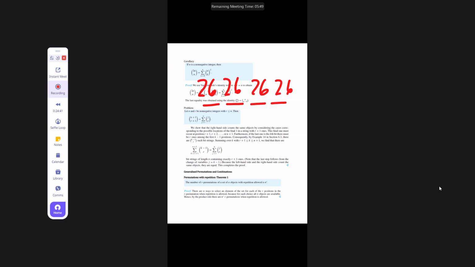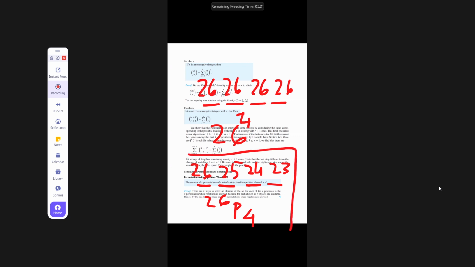So it's going to be 26 to the power 4. This is permutation with repetition. For the same question, if repetition was not allowed, the answer would be 26, 25, 24, 23, which is effectively 26 permute 4.